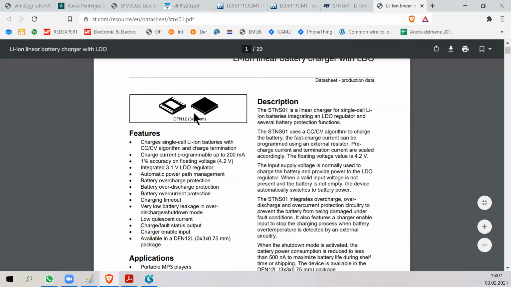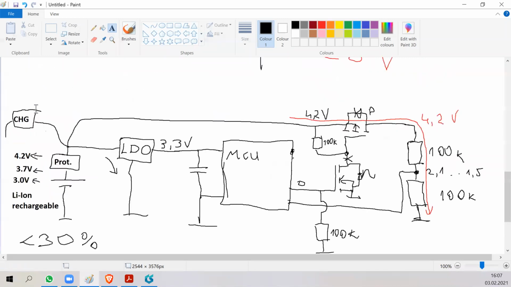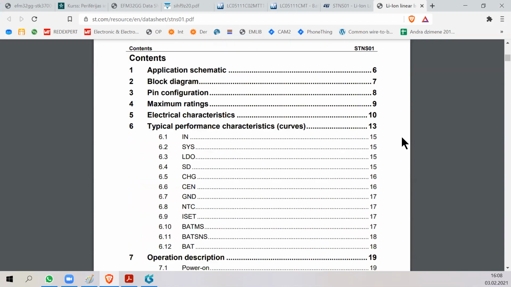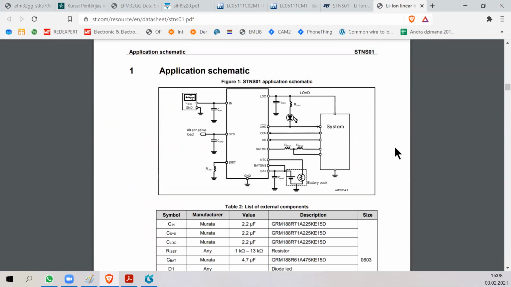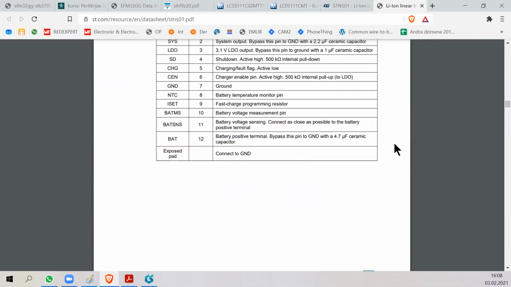So this one chip contains everything that in other systems you would need three different chips for: LDO, protection and charging. But it doesn't have a very high output current. Charge current is up to 200 milliamps, and the LDO was something like 50 milliamps. So you can use it for a small Bluetooth device or another small device, but if you need more current, it's too weak.